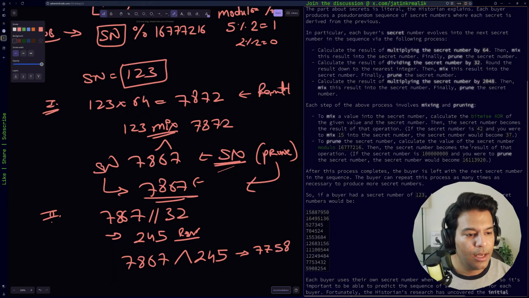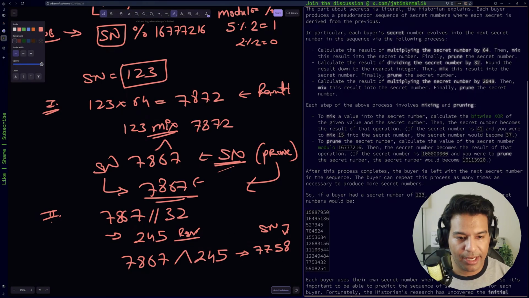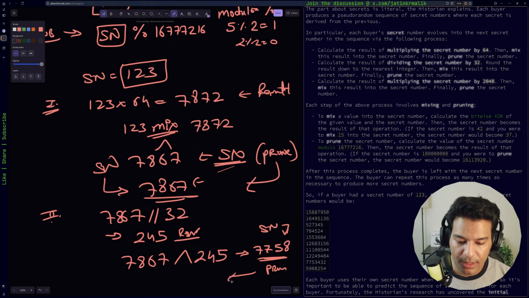This becomes our new secret number. Then we have to prune this result, so you do a mod by this. Remember, if you're modding anything by a larger value, it will still be the same. So once we do the prune, this still remains 7758.